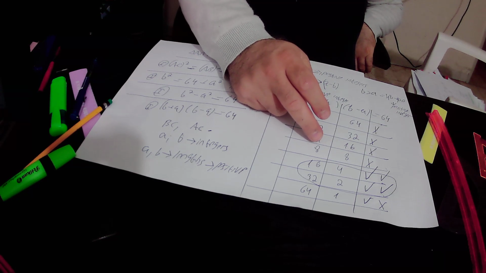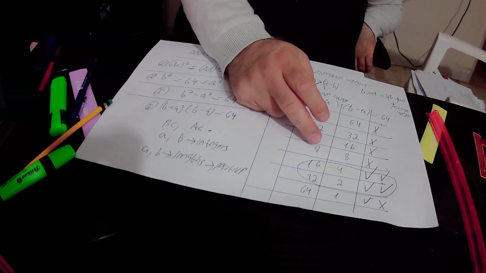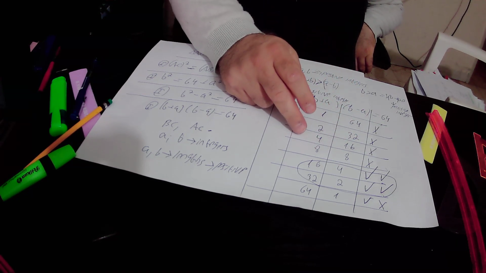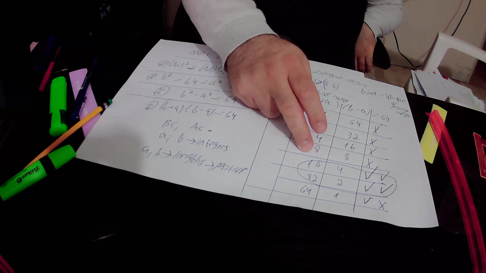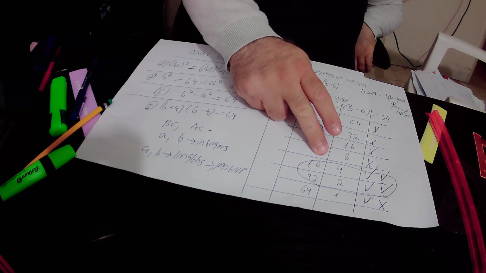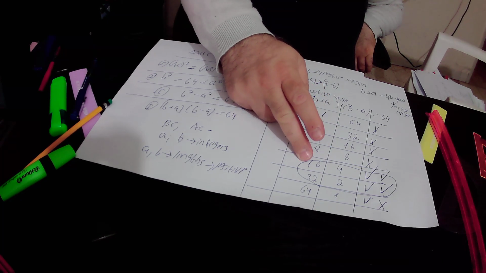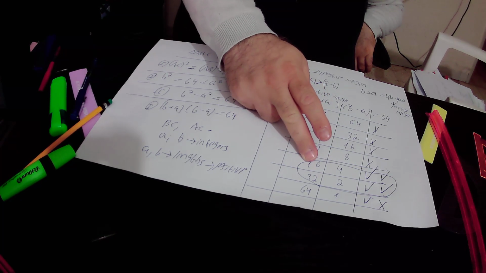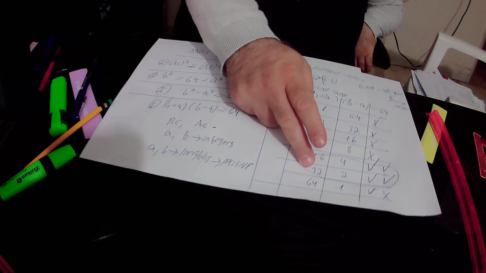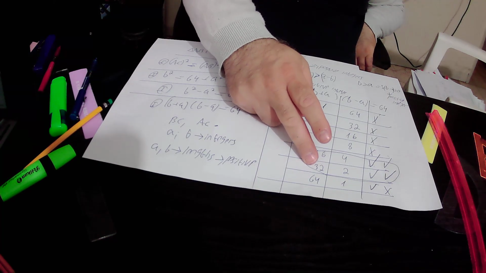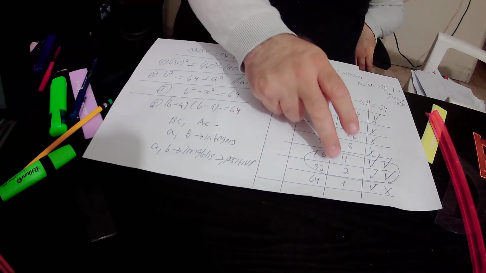And 8 equals 8, it is not greater than 8, so this option is not good. So we are left only with these options. 16 is greater than 4, so this is a good option. 32 is also greater than 2, therefore it is a good option. And 64 is also greater than 1, so it is also a good option.